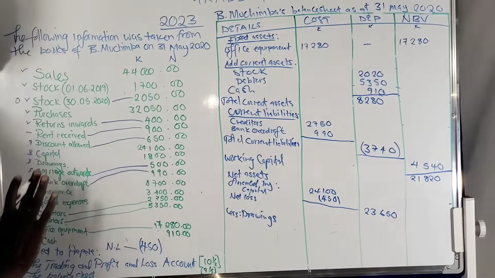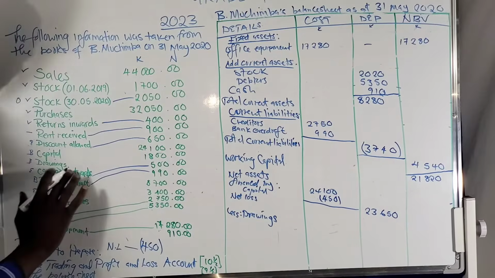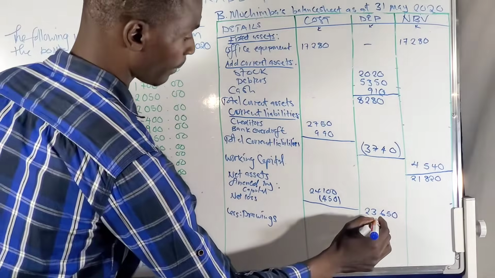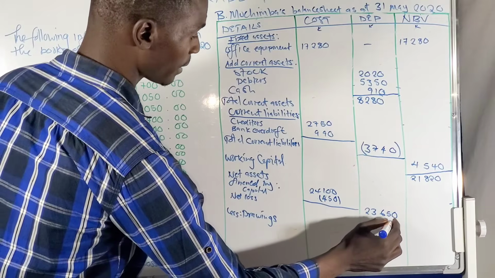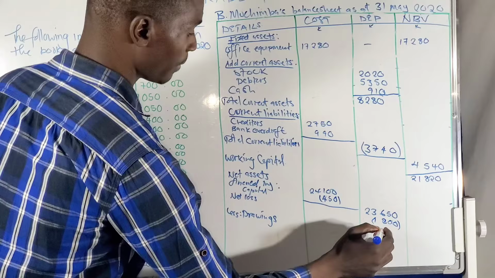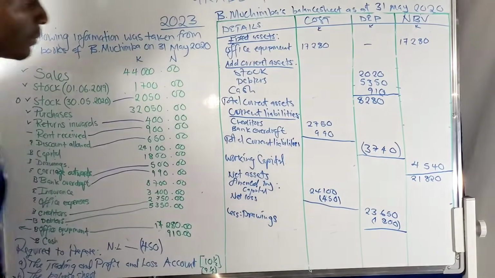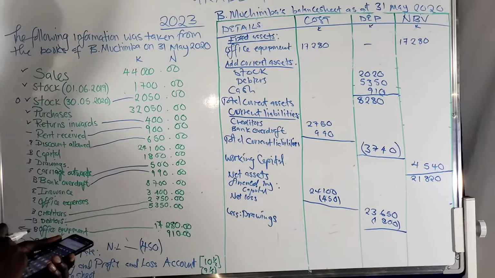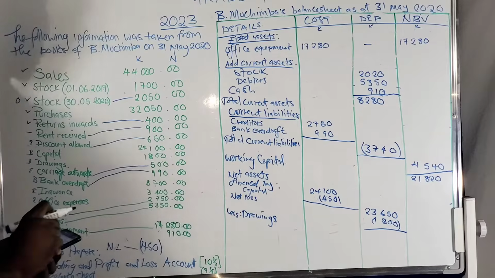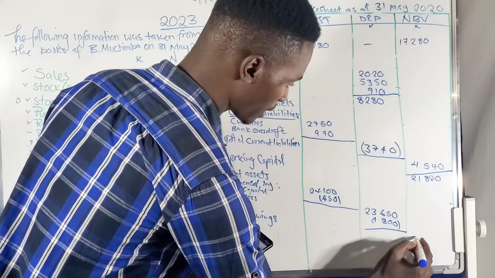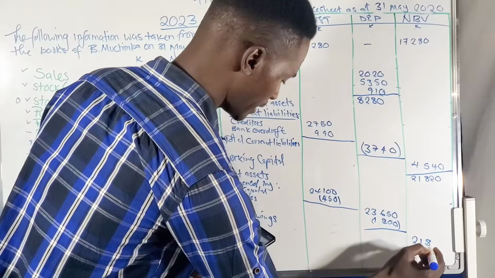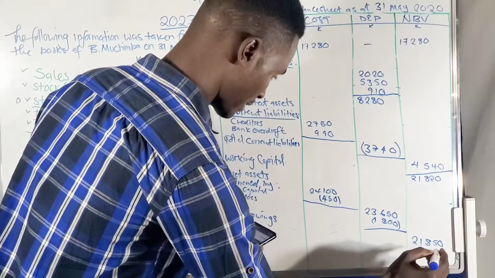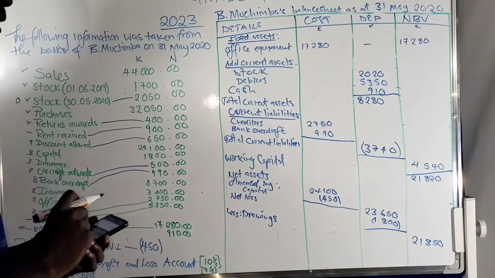If you check the information here, the amount of drawings is 1,800. If you subtract that 1,800, it's giving me 21,850. Let me check the fixed assets.